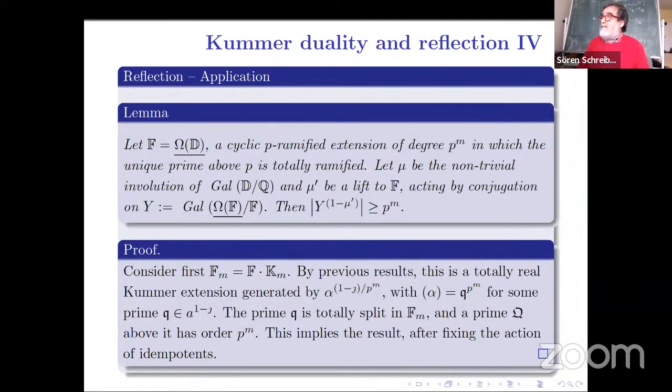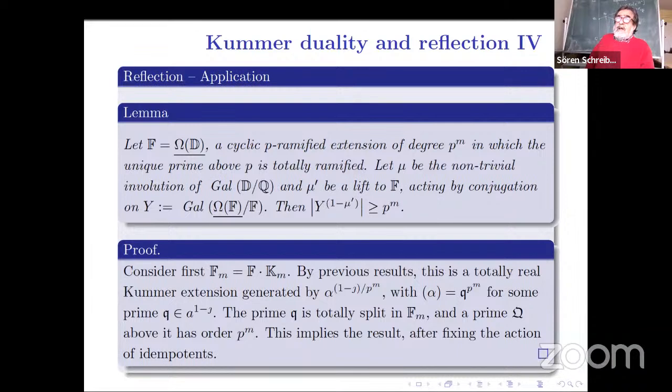Okay, we were here. So the statement is the following. F is this cyclic extension of degree p to the m. It is totally ramified, and I denote by mu the involution of Galois of D over Q. Remember, D is a quadratic field, so it has a non-trivial involution, which I lift to F and denote by mu prime.